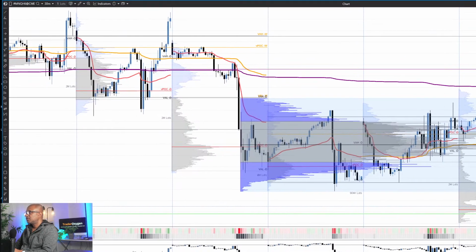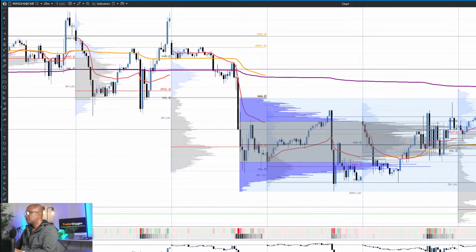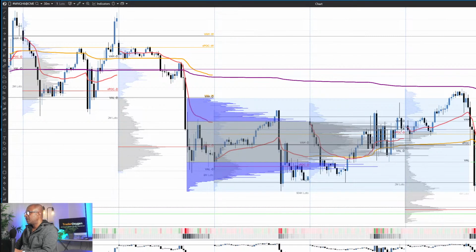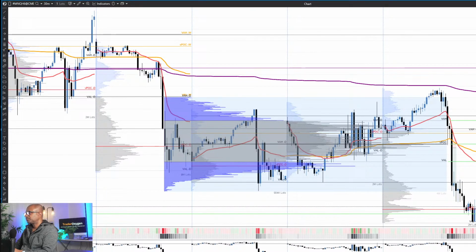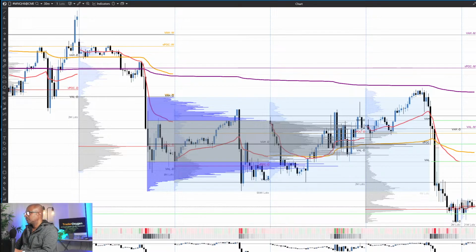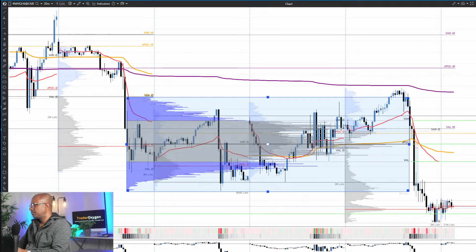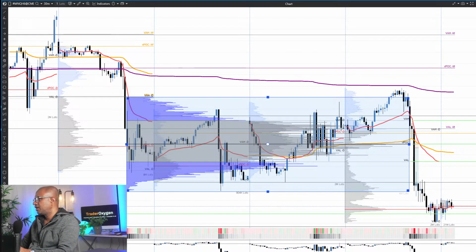Give me a second. Yeah, all good. I'm bringing it a little towards the left so that you can see the full chart. Let me bring it more towards the left. Okay, so yeah, you are seeing the full chart. That's amazing. So let me bring it over here.